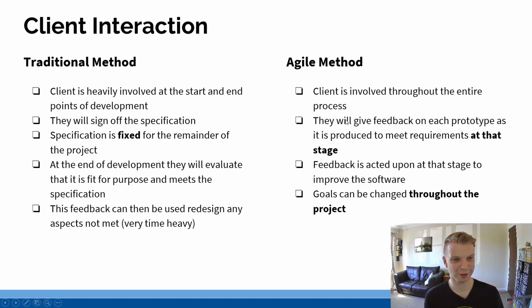If you did the agile methodology, then you've only spent a week on it, and you can sort of course correct and see where you've went wrong, or try and make it so that the client likes it. And so they're getting a lot more feedback from the client, and you can change your goals as you go through.